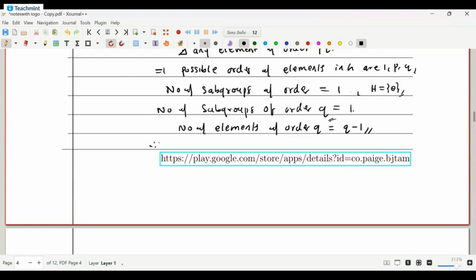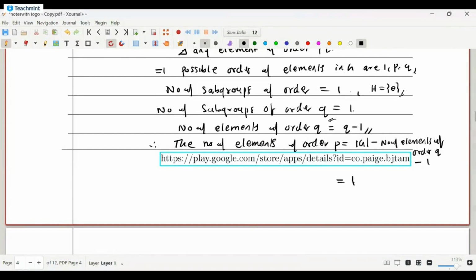Now we need to find the number of elements of order P. So therefore the number of elements of order P is equal to the order of G minus number of elements of order Q and minus identity, sir, కదా.